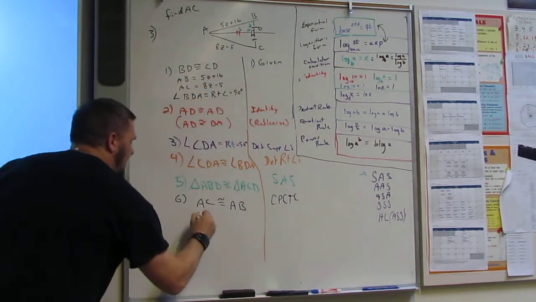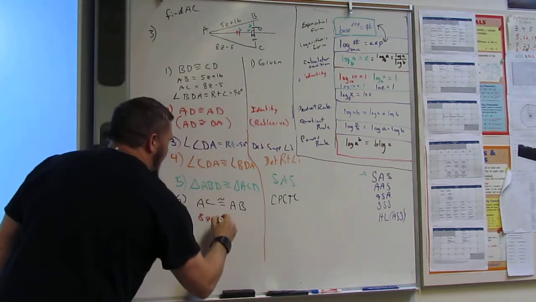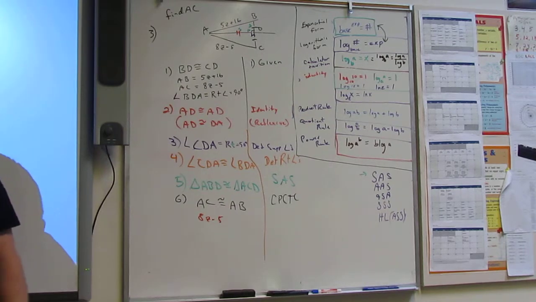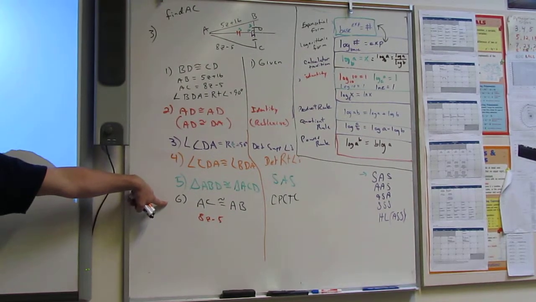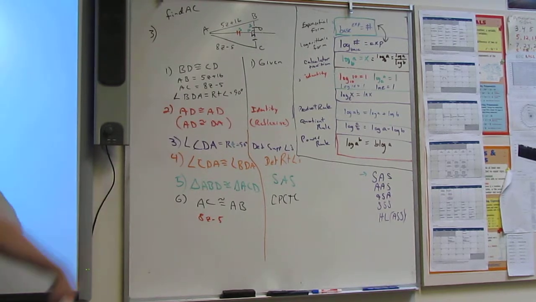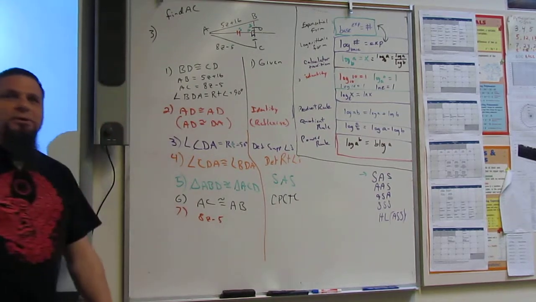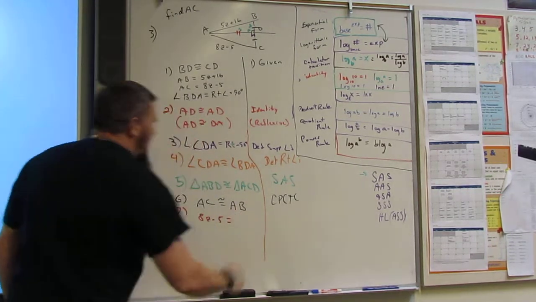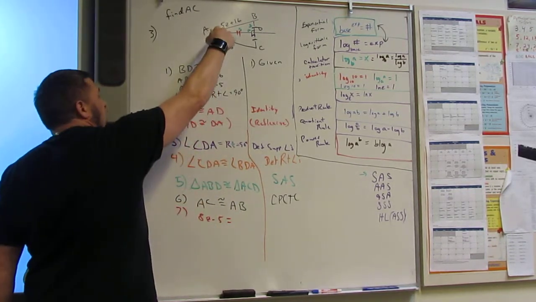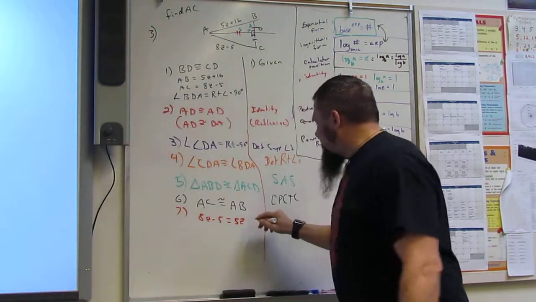AC is 8Z minus 5. And this is 5Z plus 16.